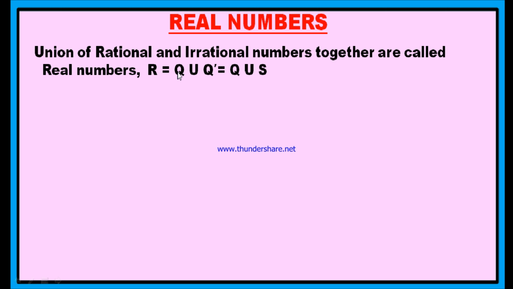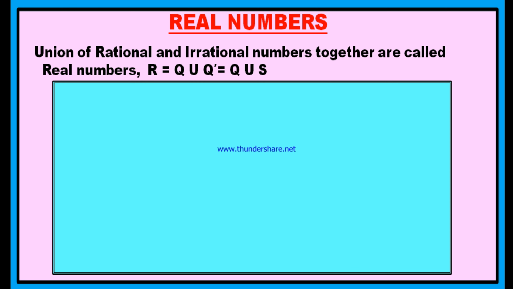Q union Q dash is the set of real numbers, or Q union S is the set of real numbers. S is used to represent irrational numbers. Q dash is also used to represent irrational numbers, whereas this Q is used to represent rational numbers. Therefore, the union of both rational and irrational numbers is called the set of real numbers.